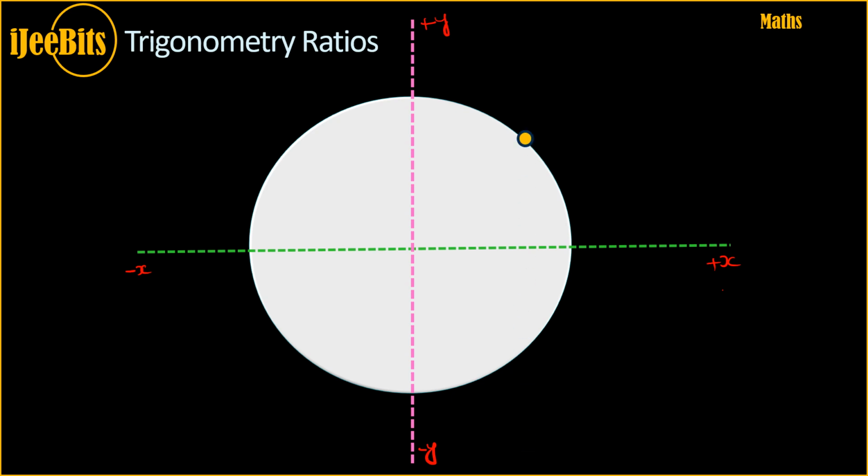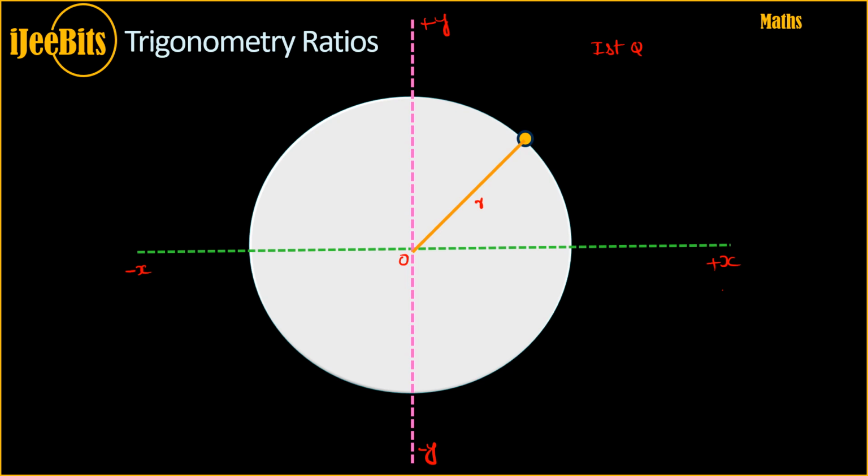Good. So on the circle, in the first quadrant, I'm sure we know that, right? Now let me draw a radius. That's nice. This is the radius from the origin.